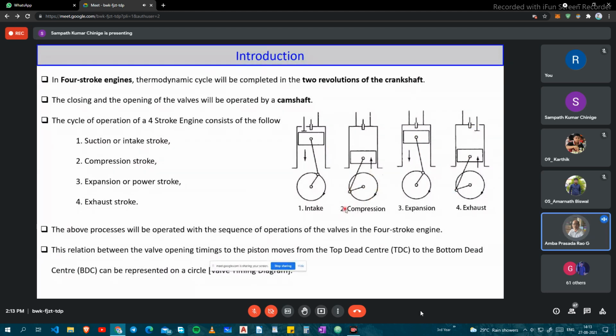These are all the different events. It is a diagrammatic representation of the events an engine undergoes in a 4-stroke engine, typically a diesel engine. That diagrammatic representation is called the valve timing diagram.